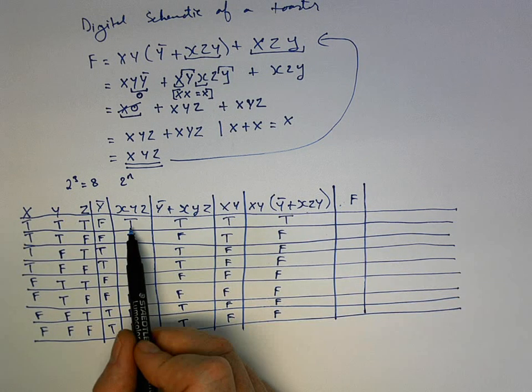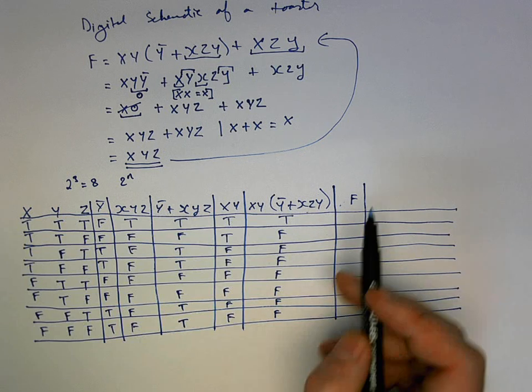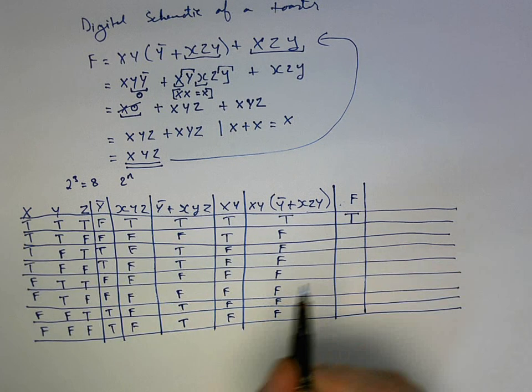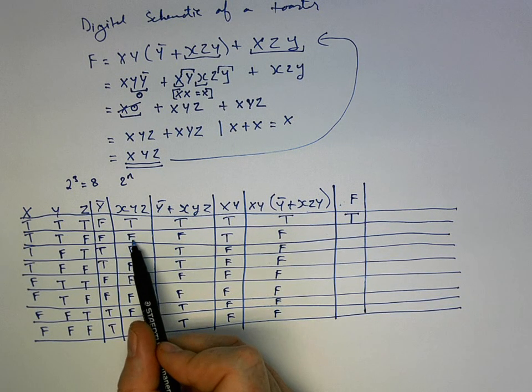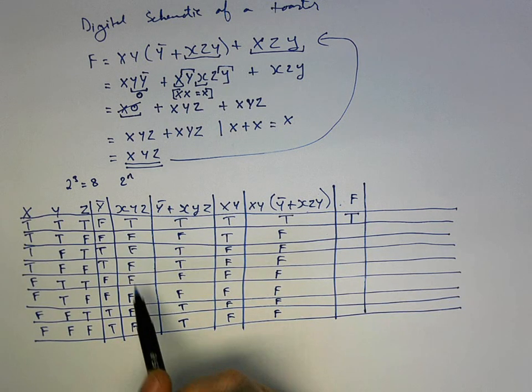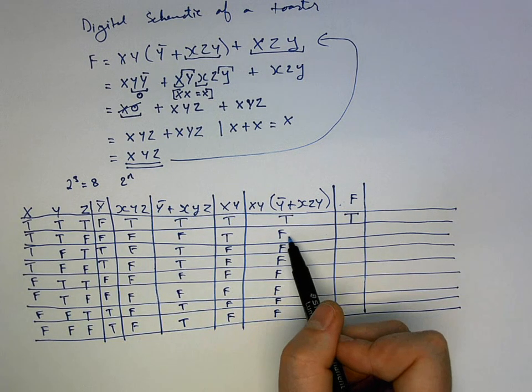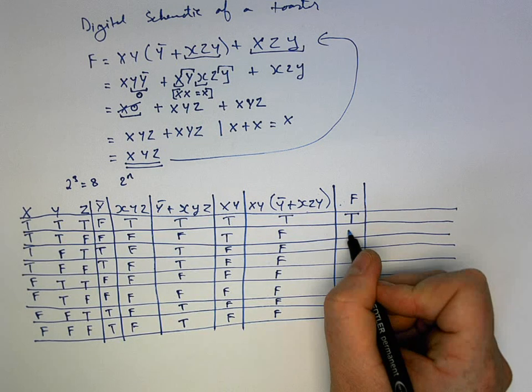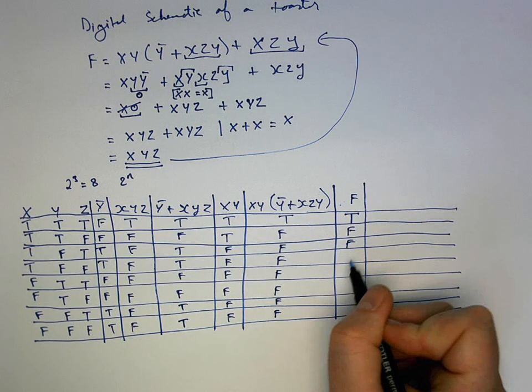So xzy, which is true, or true gives us true. And now we have falses all the way down here. Every element in this column is false, and it's similar down here as well. So false or false will always yield a false.